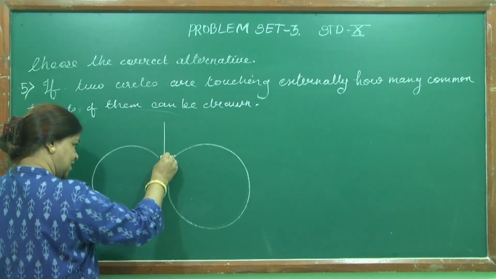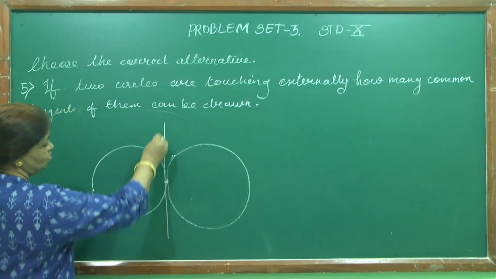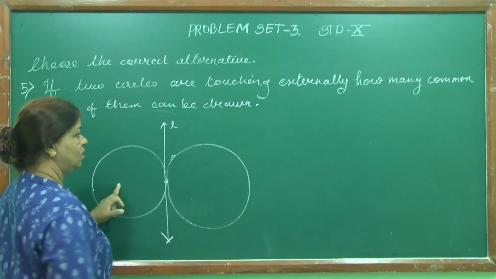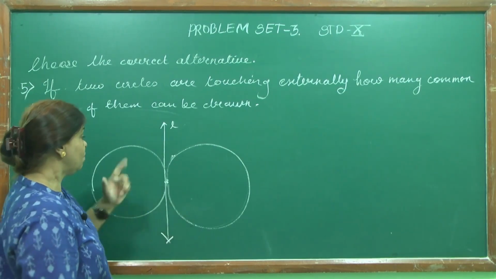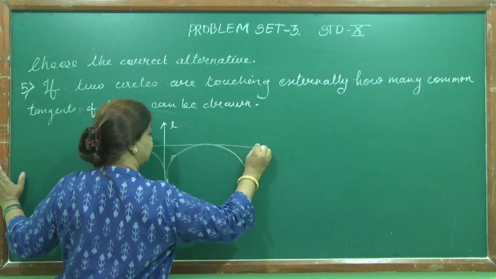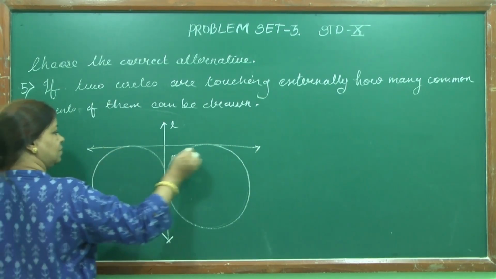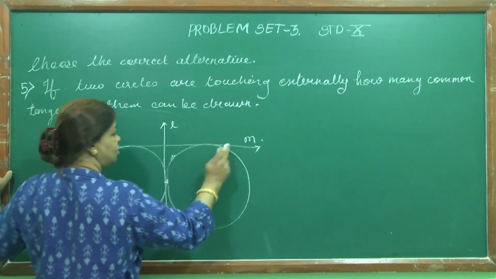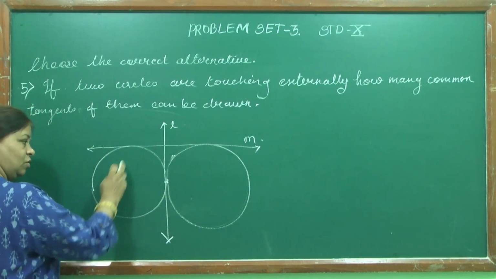Let me draw one tangent here. This is one tangent L I have drawn. Clear? Now I can also draw one tangent here. M. See, this is the tangent M which touches this circle also and this circle also.